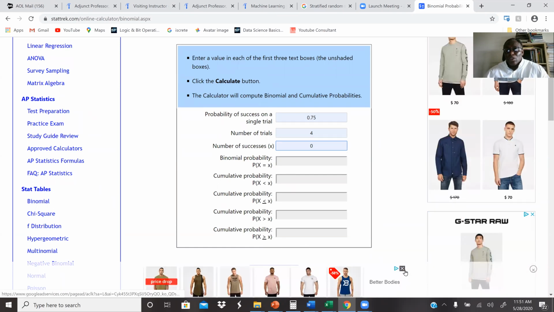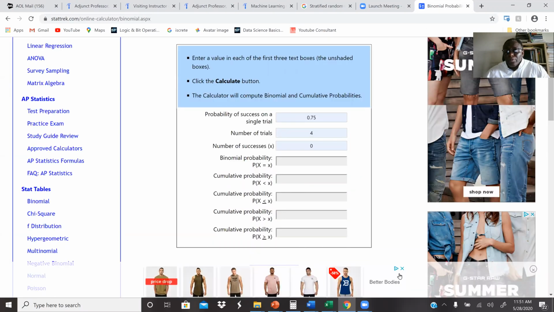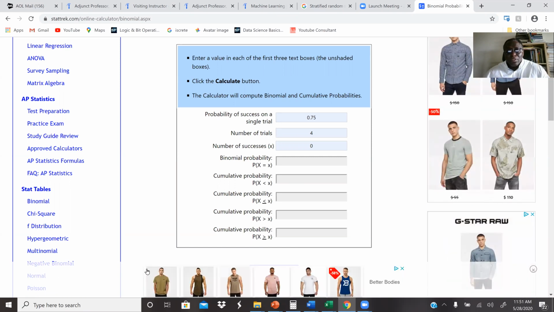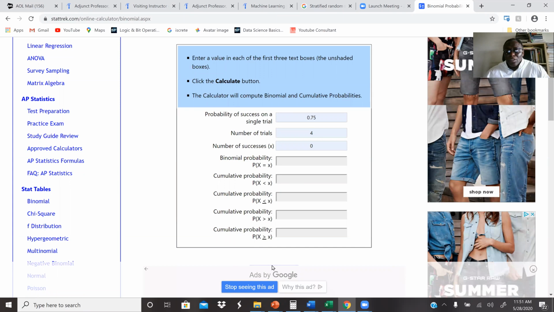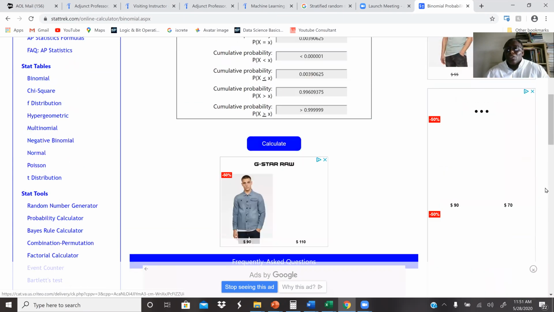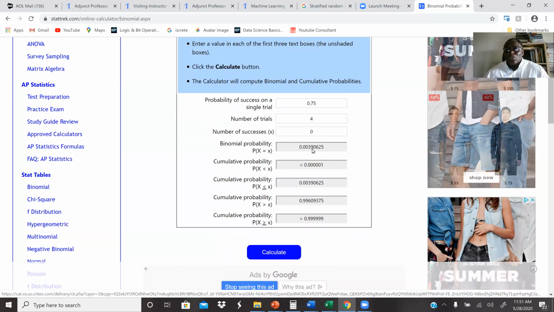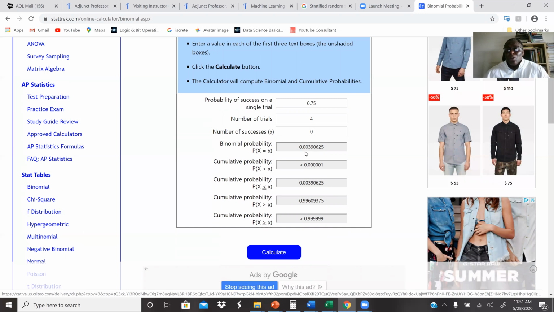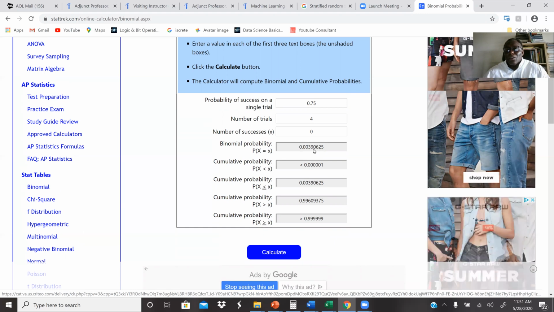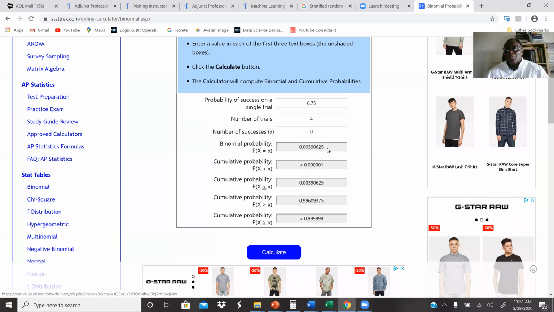When I click calculate, you can see the answer is 0.0039. If you remember, our calculation was 0.0039, but this calculator gives us around 8 decimal places.